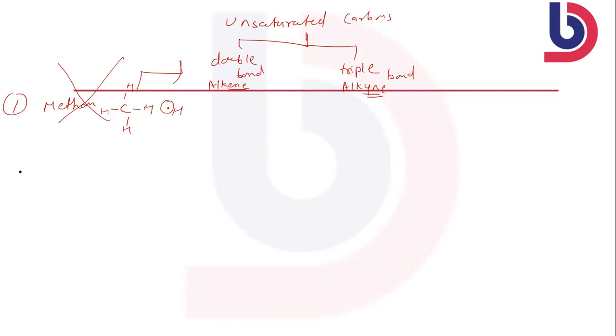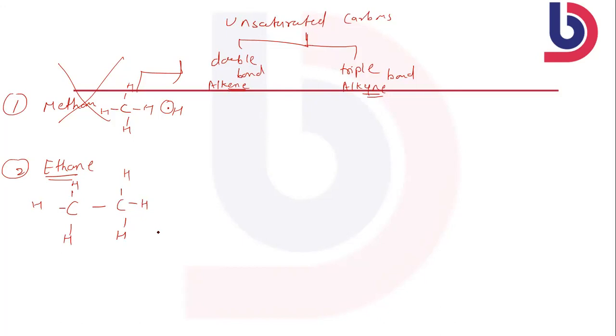So we are going to proceed with two carbon, and it is nothing but ethane. Now the normal ethane structure is C C and the remaining valencies are occupied by the hydrogen. This is your normal ethane structure.